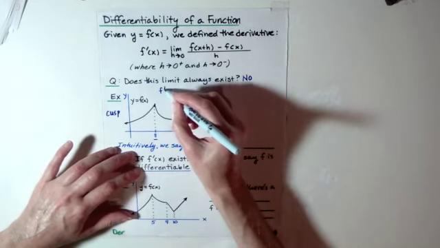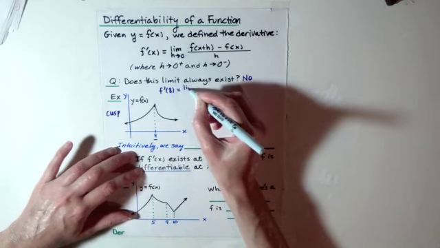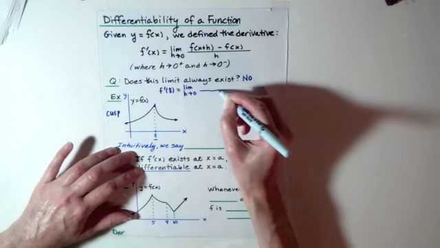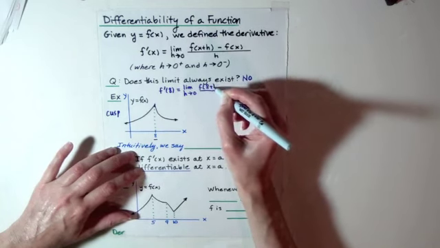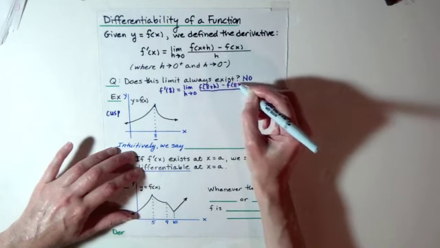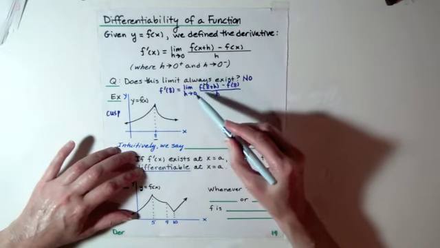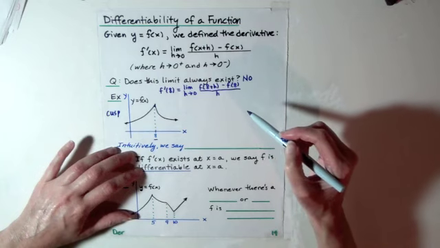Notice that f prime of 8 would be the limit as h approaches 0 from both directions of f of 8 plus h minus f of 8 all divided by h. And I'm going to try to argue that the limit of this expression doesn't exist.